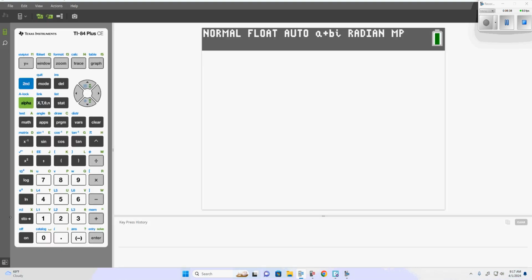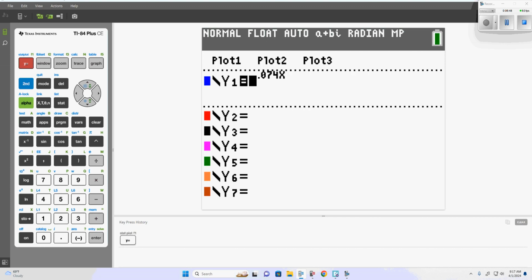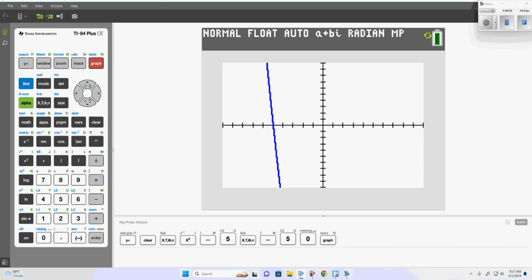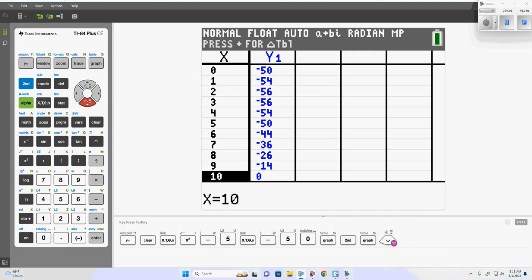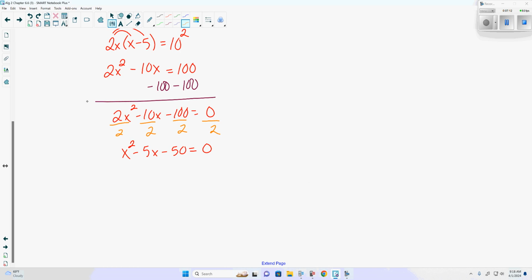So we could graph it. We can grab the graphing calculator, say y equals x squared minus 5x minus 50. We do see it cross the x-axis at 2 places. One of them is negative 5. The other is 10.